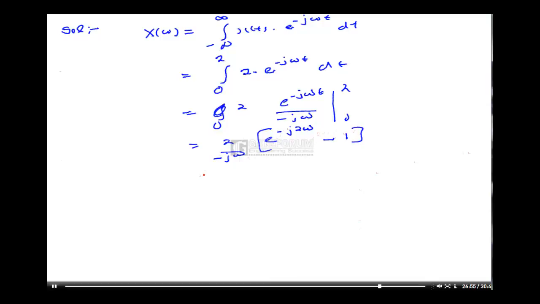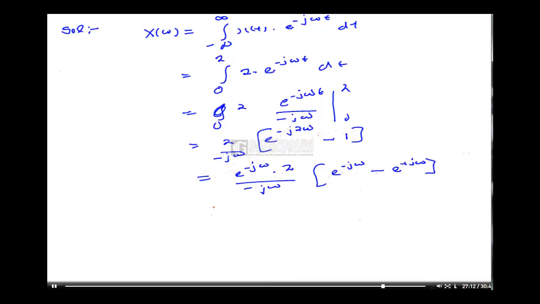We can take e to the power minus j omega outside. This is e to the power minus j omega times 2 upon minus j omega, times e to the power minus j omega minus e to the power plus j omega.